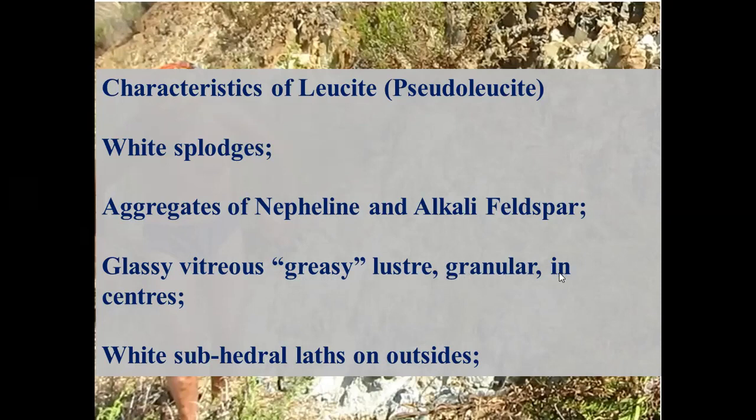So the way to identify pseudoleucite: first of all, does it look like octahedra, broadly speaking? And if so, then you've got white splodges. Can you see within the white splodges any indication of glassy, greasy nepheline with the more opaque white material around the outside? So that's another one of these feldspathoids.